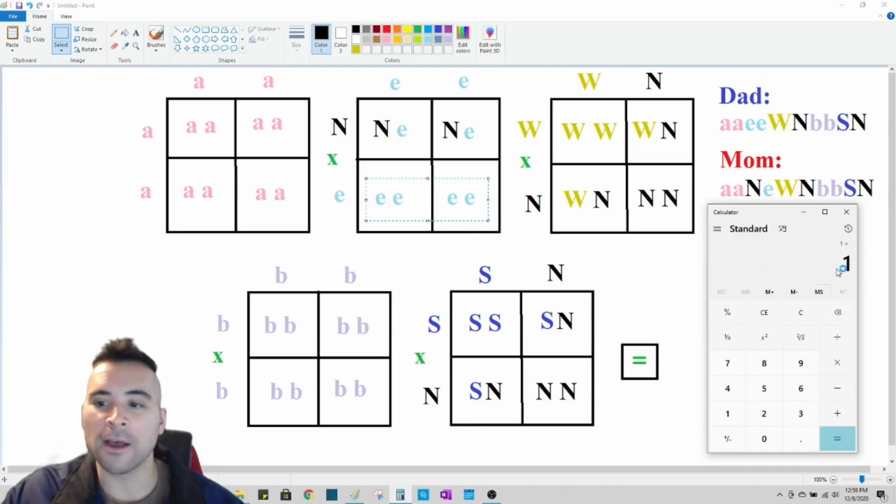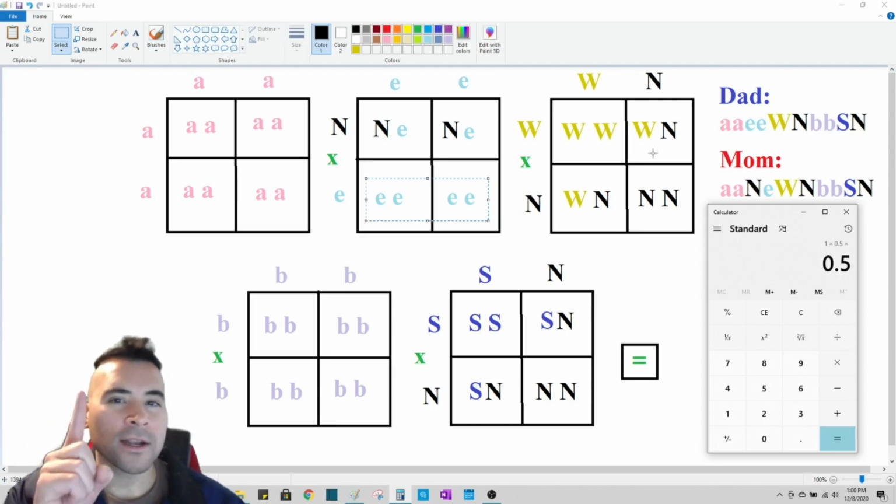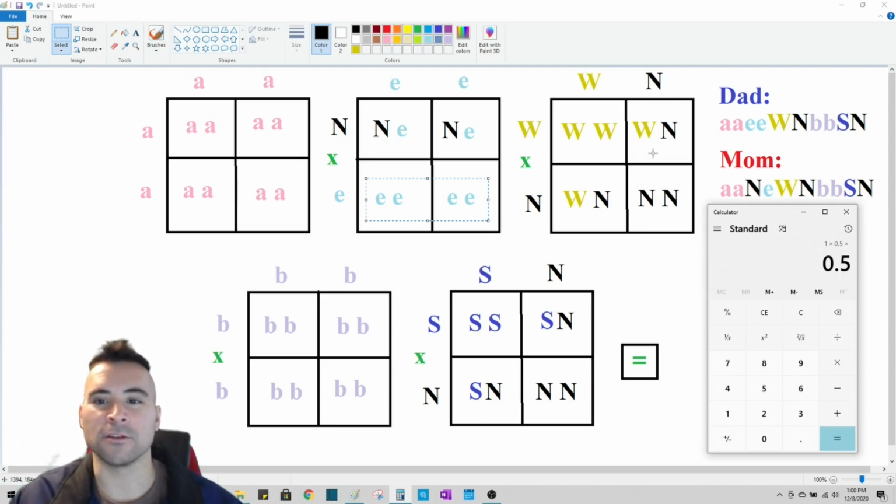So going back to our calculator, we have 1 times 0.5 times, let's look at the next set of genetic odds here. We have white and yellow dad multiplied by a white and yellow mom.